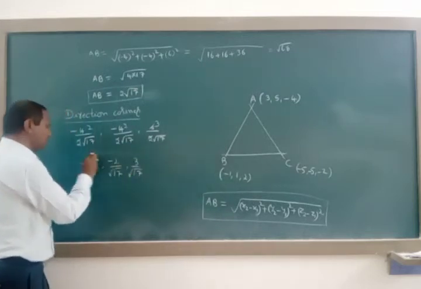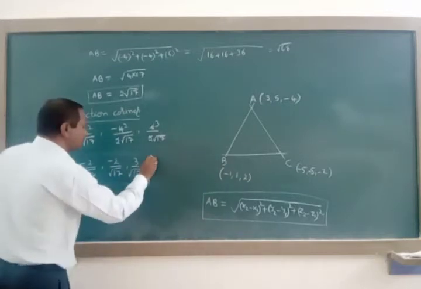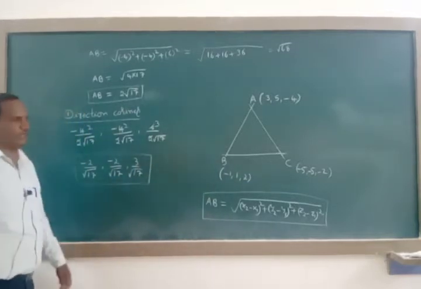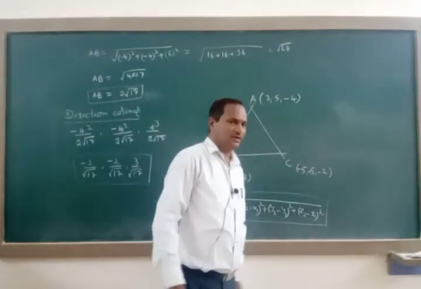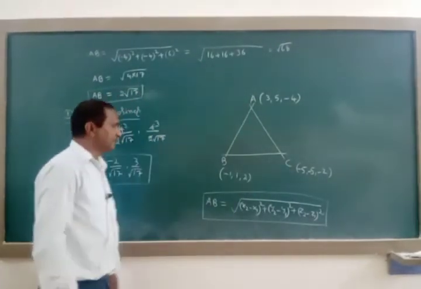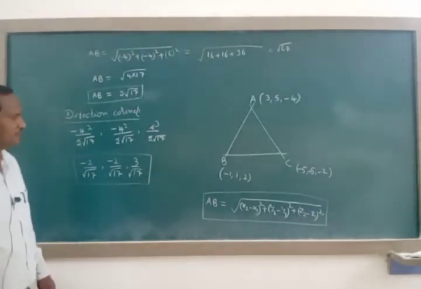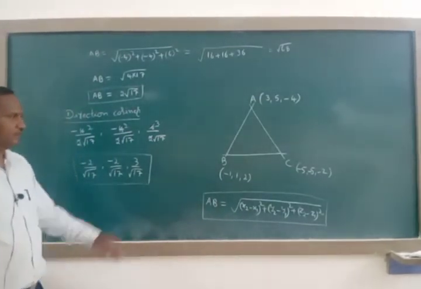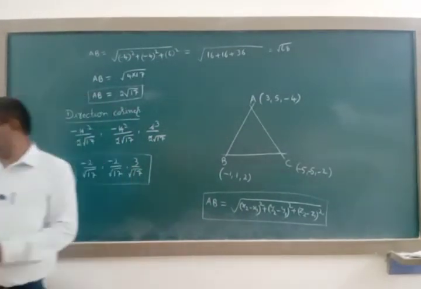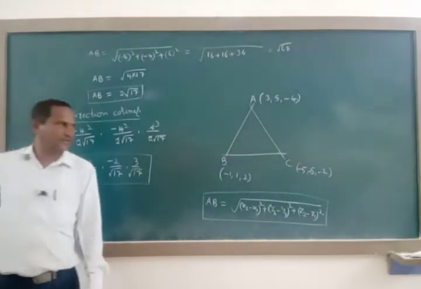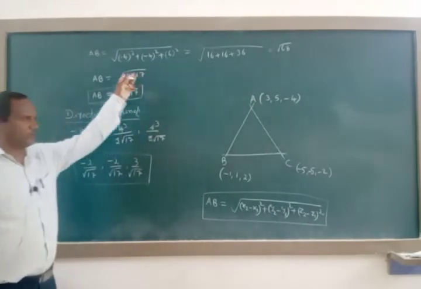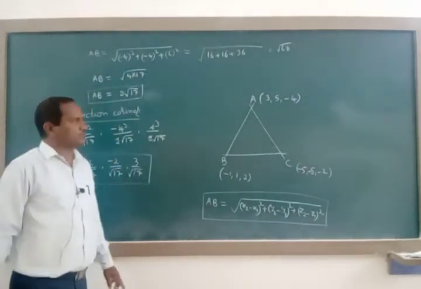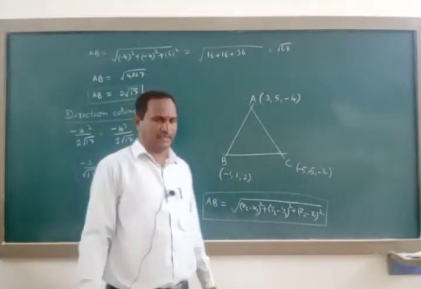These are the required direction cosines of the line segment AB. Similarly, in the same way, we have to find the direction cosines of the remaining 2 sides BC and CA. This is the solution procedure for the direction cosines of AB.